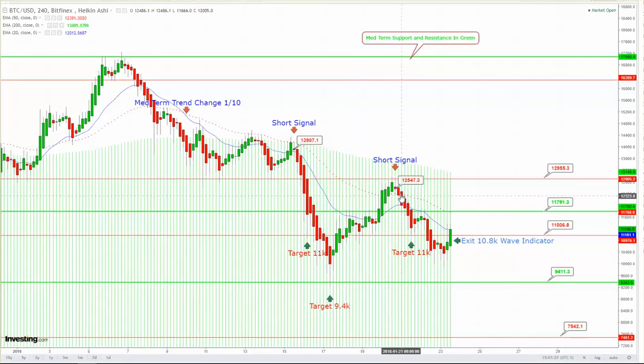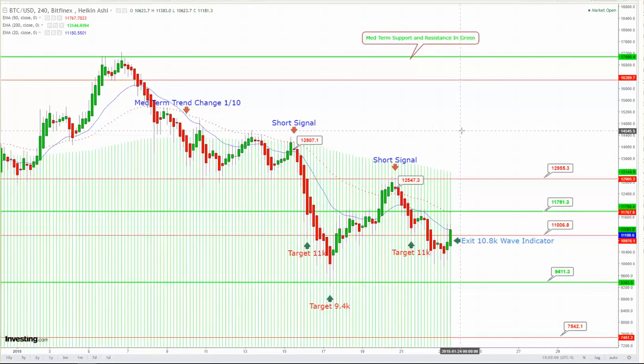Then, after it started coming back up, another short signal came at 12,547. You could have taken profits at 11,791, 11,000, or for us, we exited at 10,800. Not bad. It's not 5x, 10x, but the market right now is not going to give you 5x, 10x.